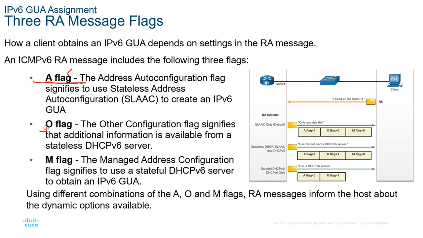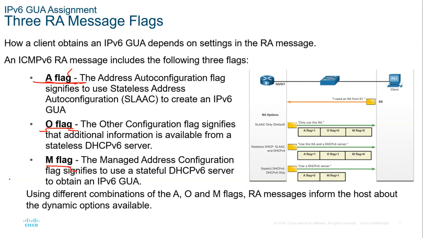We have the A flag, we have the O flag, which is other configuration, and then we have the managed address configuration flag. The A flag, the address auto configuration flag, signifies to use stateless address auto configuration to create the IPv6 address.